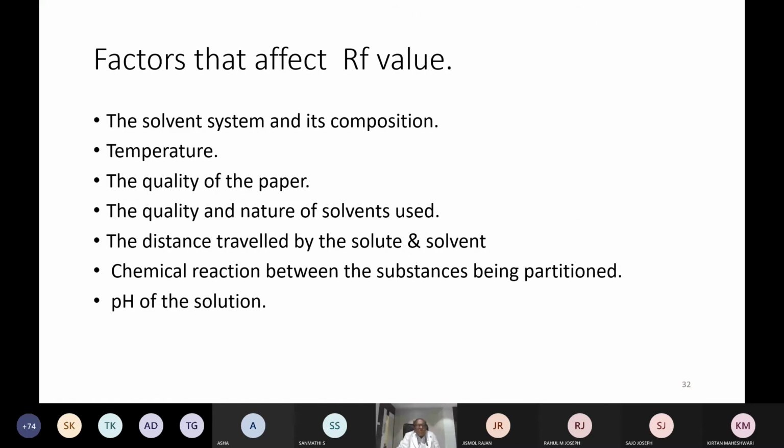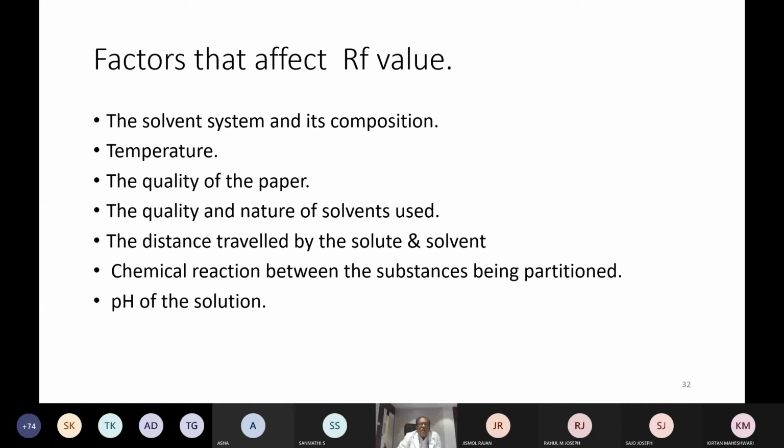However, there are some factors that may affect the RF value. The solvent system and its components. First one is the temperature, it should be room temperature. Secondly, the quality of the paper. I had told that we should use the Whatman filter paper only, not any ordinary filter paper.